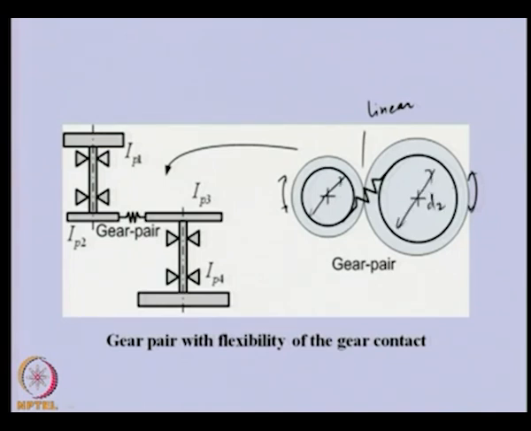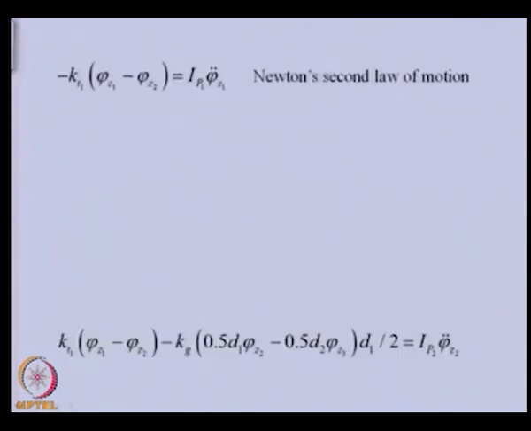So, if the pitch diameters are d1 and d2, then that particular extension will be governed by these diameters also. So, now let us see how we can analyze such a system.